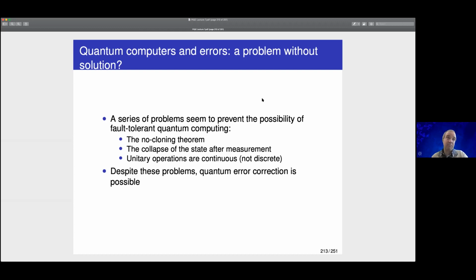fortunately for us, and maybe even surprisingly in some sense, we can define quantum error correction and we can define the idea of fault-tolerant quantum computation with a beautiful theory of quantum error correcting codes.